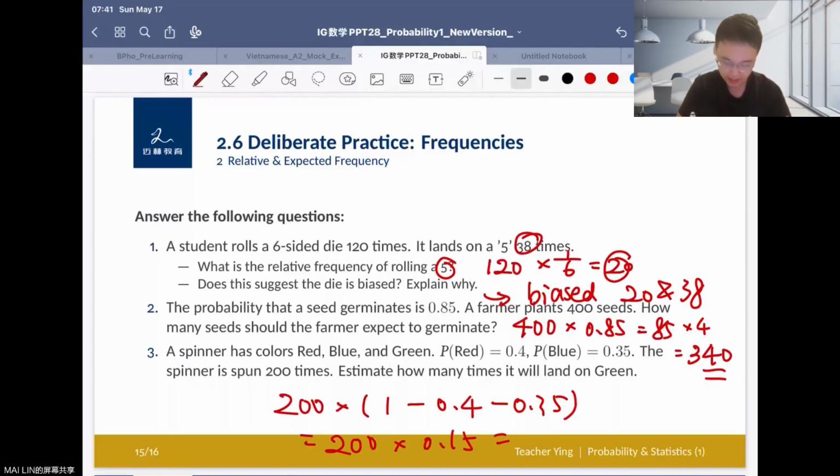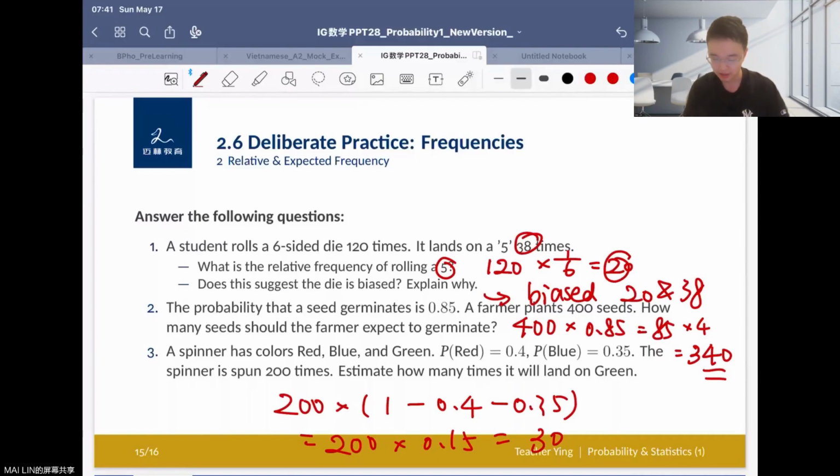So 200 times 0.15 equals 30. So the number of times it lands on green is 30, using the number of events times the probability. That is the estimated number of times.